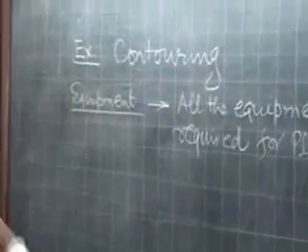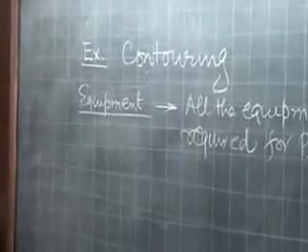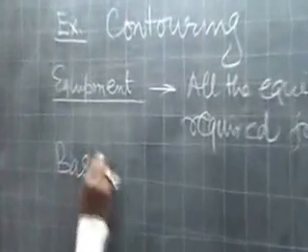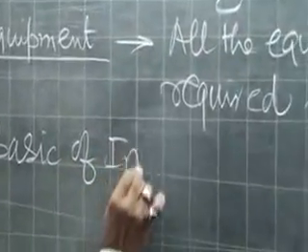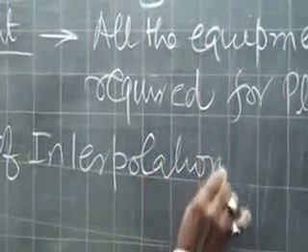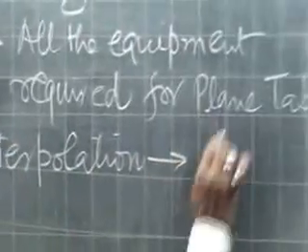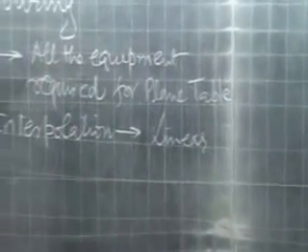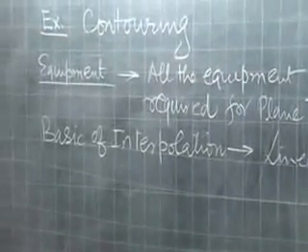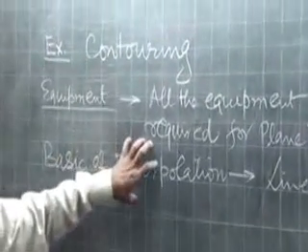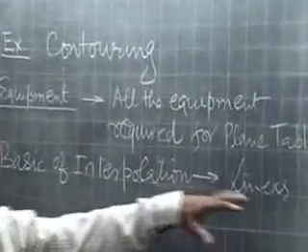In contouring, we use the basic principle of interpolation, and this interpolation is linear in nature. We will take some measurements first, and after that we will do linear interpolation.